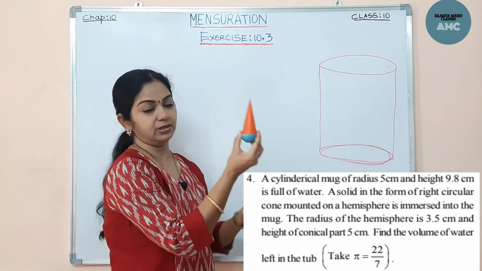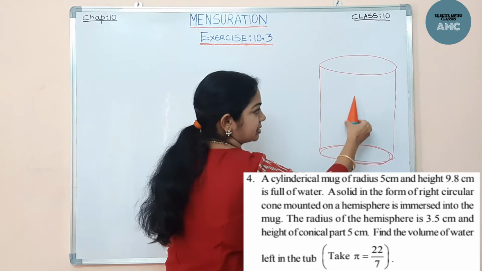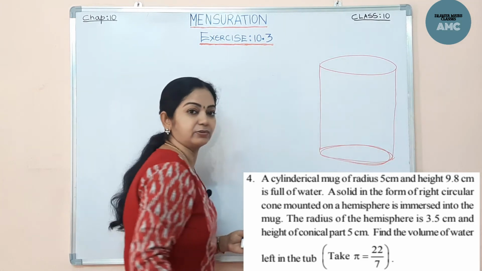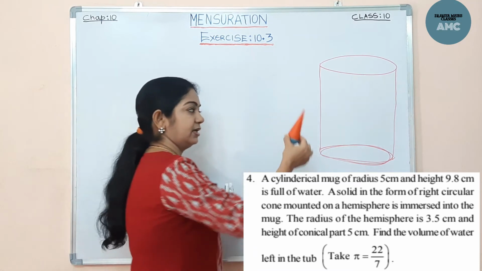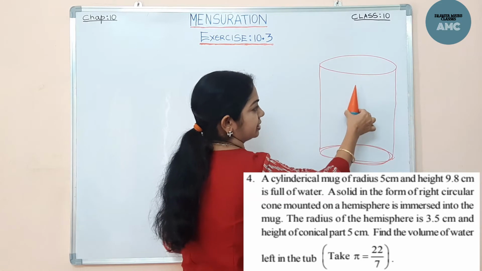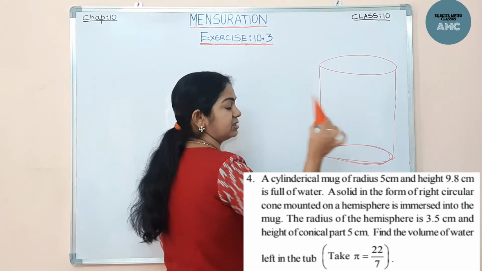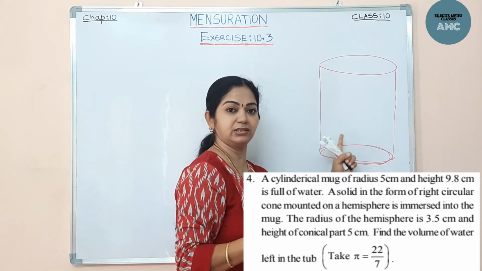Hemisphere mounted with a cone. This part is being immersed in this cylindrical tub so that some water is spilled out. Now the remaining water in the tub we have to find out, because if this solid is immersed here, the water that spilled out is the volume of this, isn't it? Then the leftover is the water in the cylindrical tub.